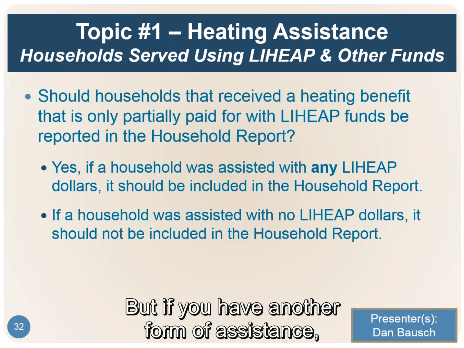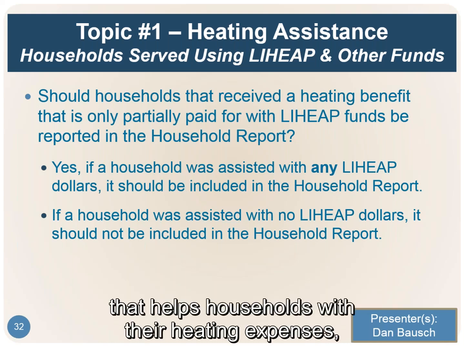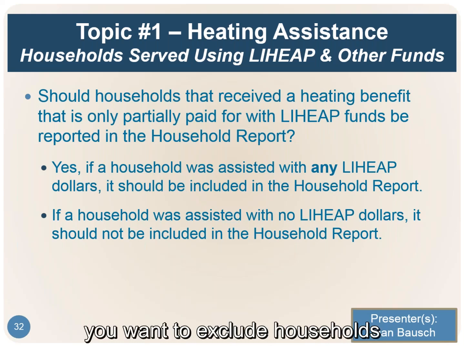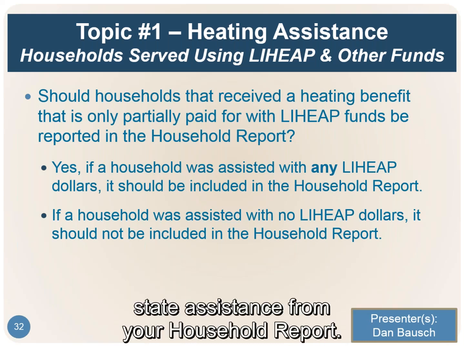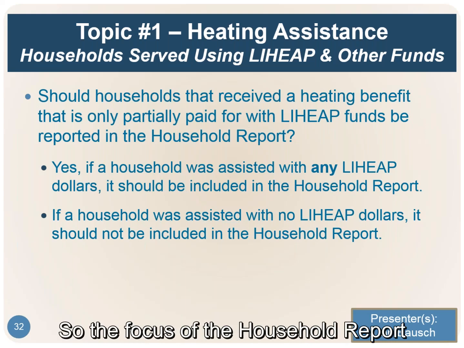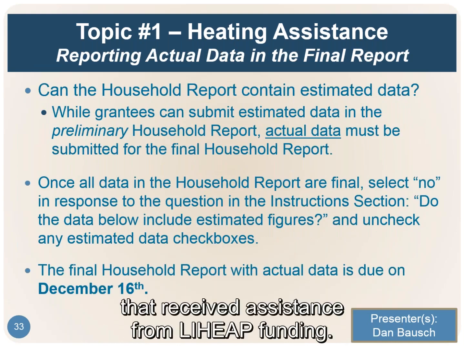But if you have another form of assistance, such as a state assistance program that helps households with their heating expenses, you want to exclude households that only received your state assistance from your household report. So the focus of the household report is reporting households that received assistance from LIHEAP funding.